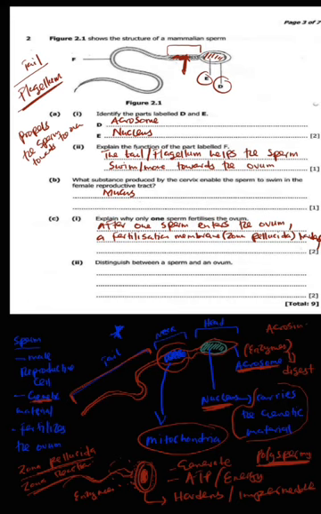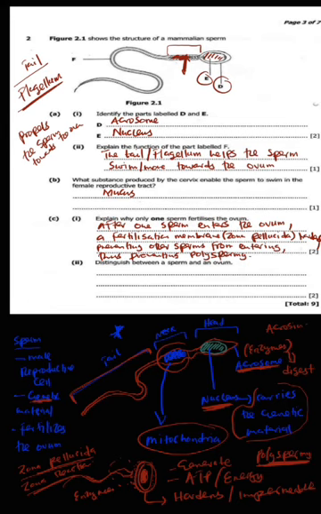So it hardens, preventing other sperms from entering, thus preventing polyspermy. Okay, so by now you know what polyspermy is.